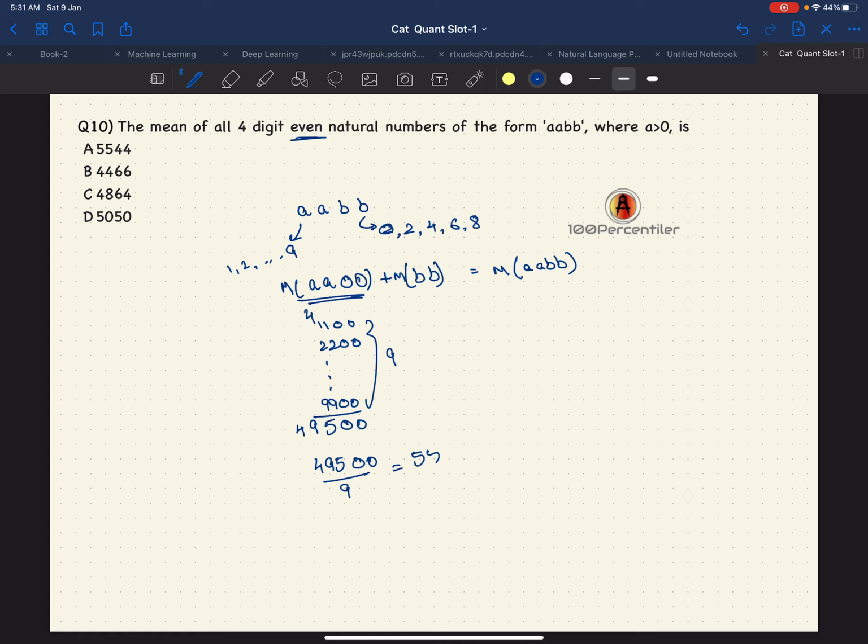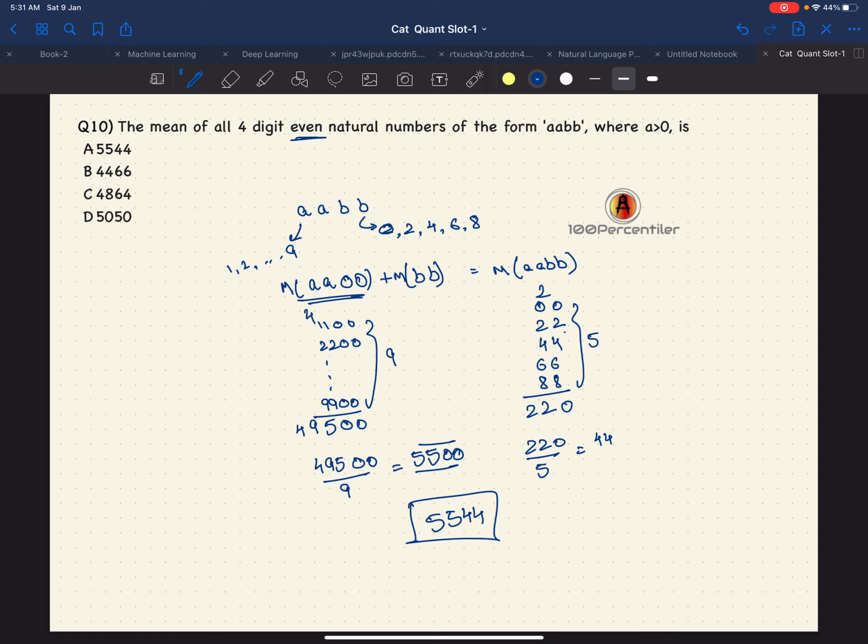This becomes 5500. Now for BB, we know that the only possible values are 00, 22, 44, 66 and 88. We find the sum here: 4, 6, 12, 20, 8, 14, 18, 20, 22, so 220. Now as there are 5 possible values here, 220 divided by 5 is nothing but 44. Therefore 5544 is the required mean here.